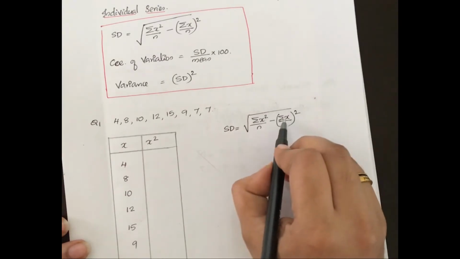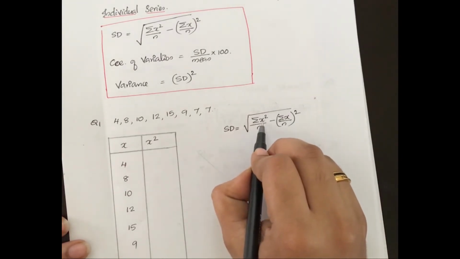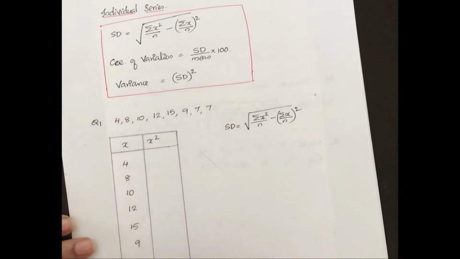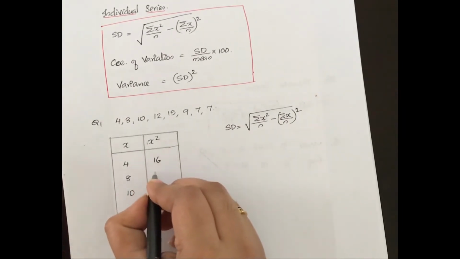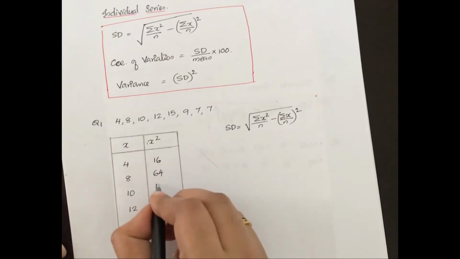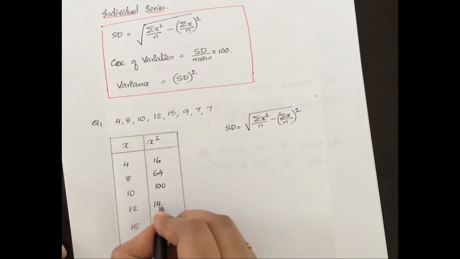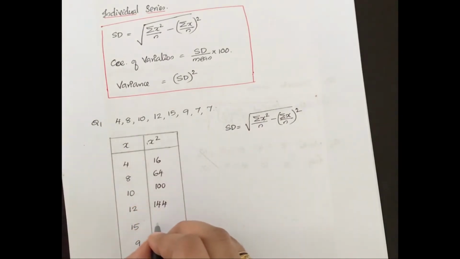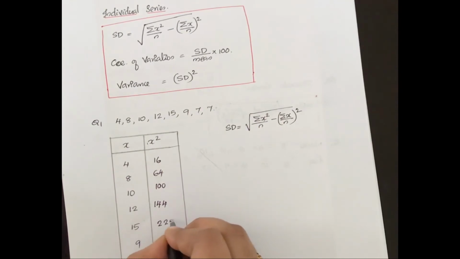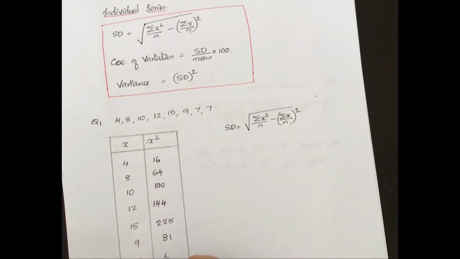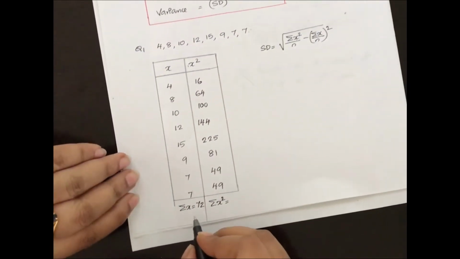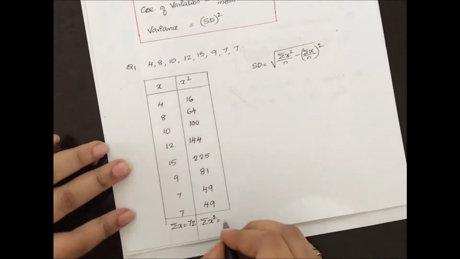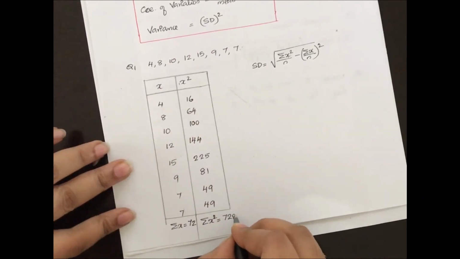That is, we require summation x as well as summation x square. x is the question itself, and x square is the squares: 16, 64, 100, 144, 225, 81, 49 and 49. So, summation x is 72 and summation x square we get 728.